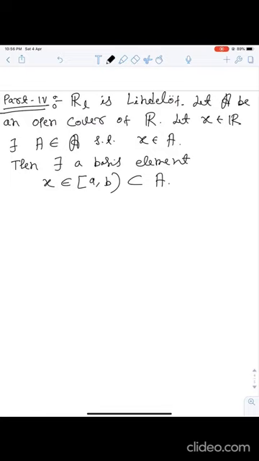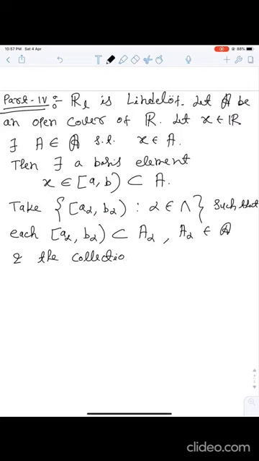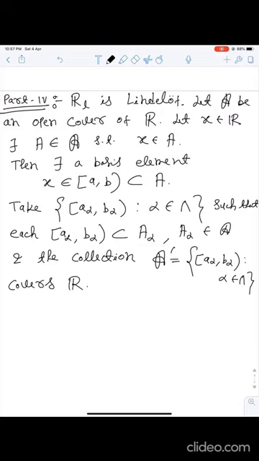Now take this collection, say [A alpha, B alpha), where alpha belongs to some index set, such that each [A alpha, B alpha) is contained in some A alpha, where this A alpha belongs to script A, and this collection, say A dash, covers R.